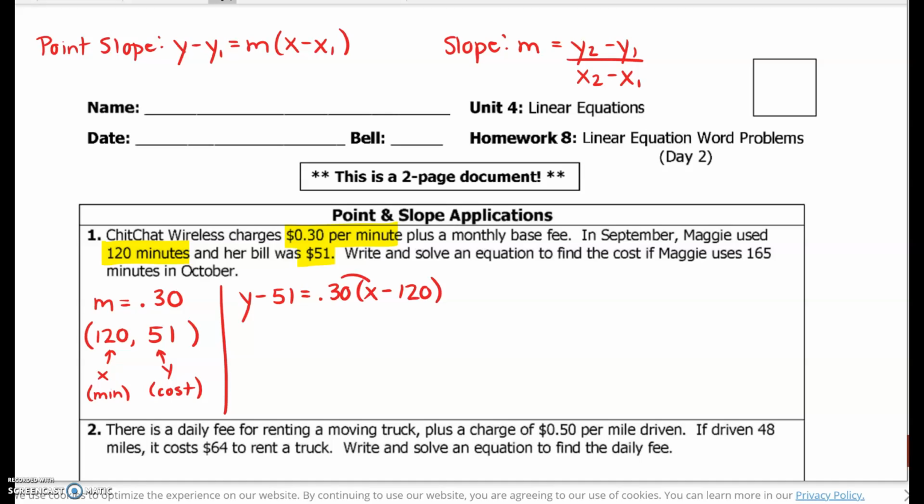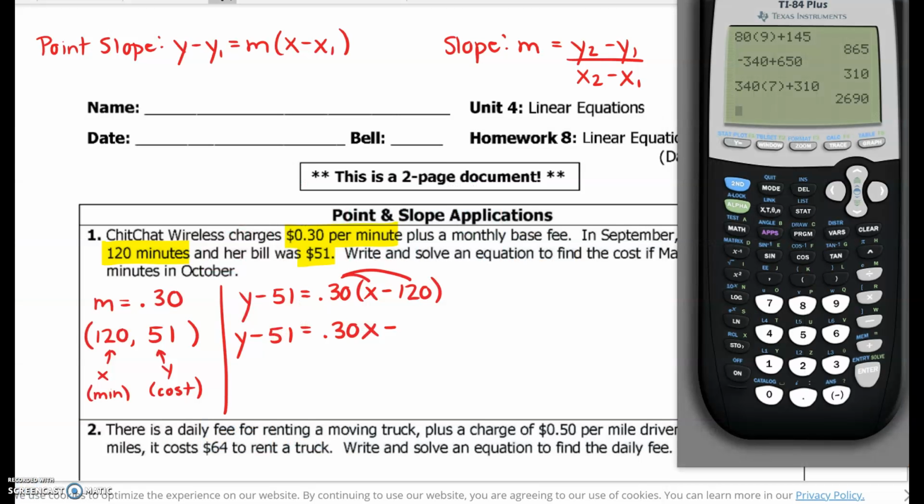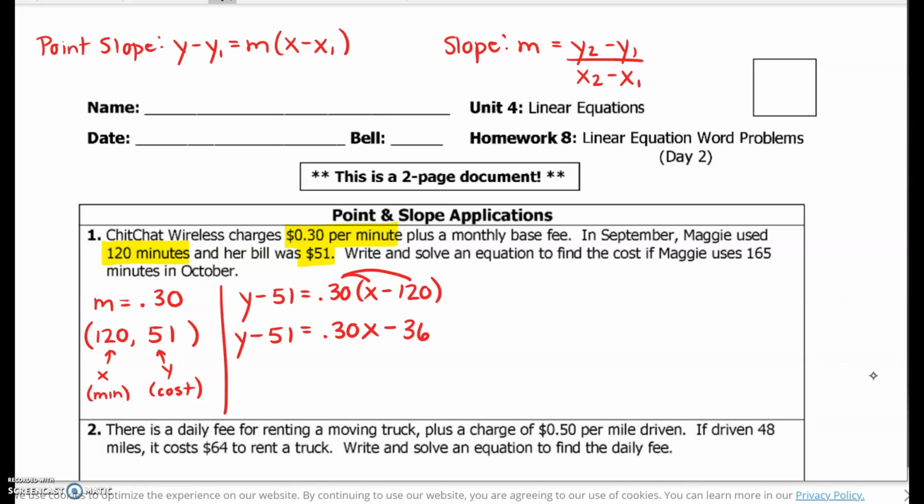We're going to start by distributing our 0.30, which would give us 0.30x, and then 0.30, open my calculator here, 0.30 times negative 120 would give you negative 36.